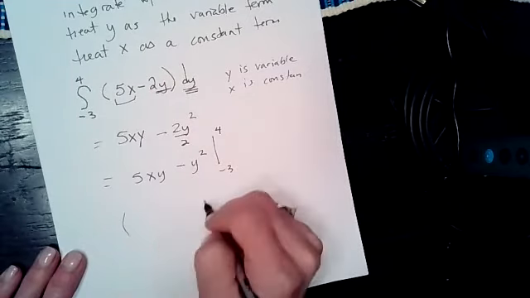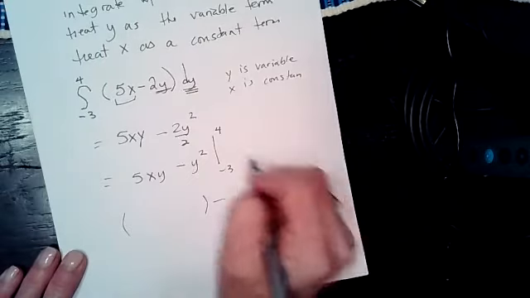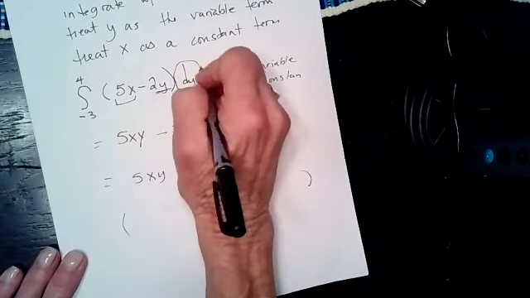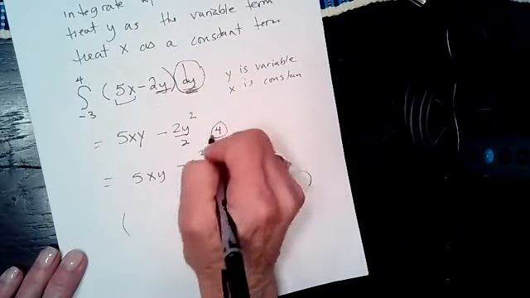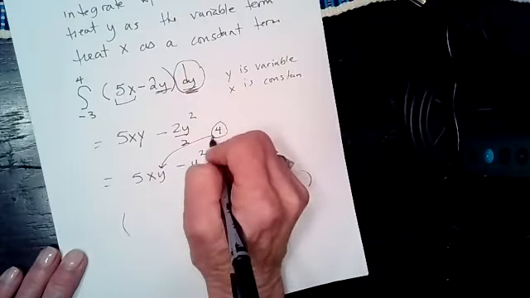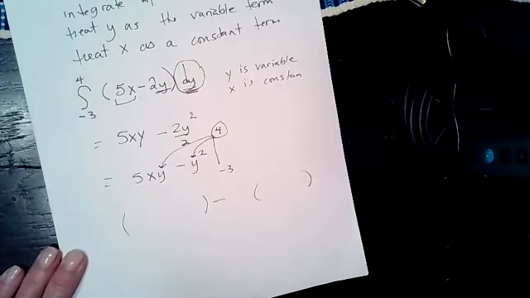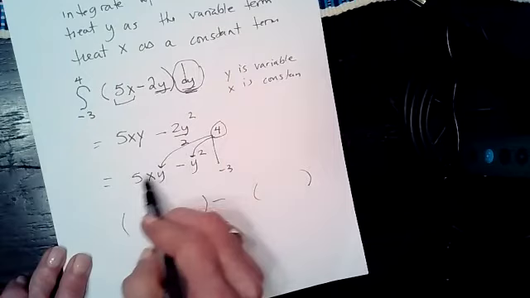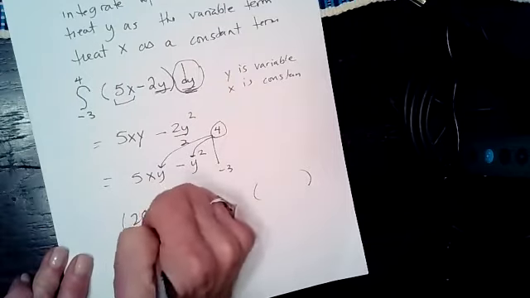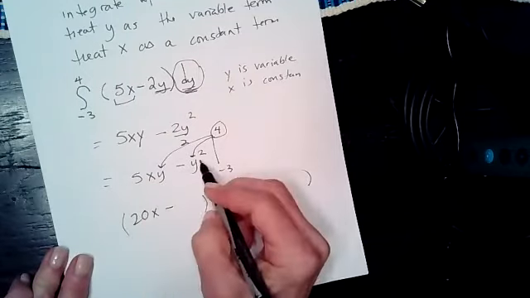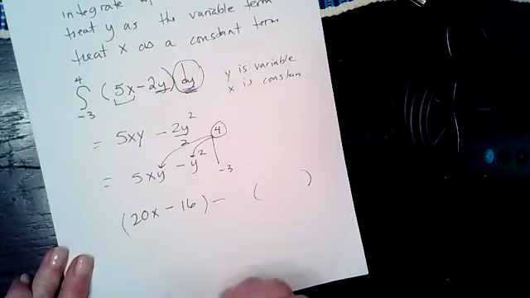All right, so I'm going to make my two parentheses, and since I'm integrating with respect to y, I'm going to plug my numbers in for y. So if I plug in 4, 4 times 5 is 20x minus 4 squared, which is 16.